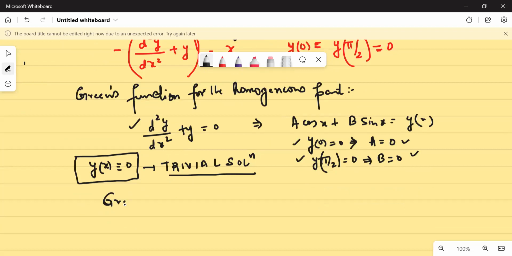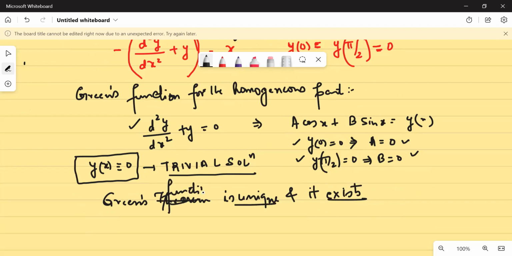I gave you a theorem which suggested that if the solution that comes out is trivial, then the Green's function definitely exists, and it exists uniquely.